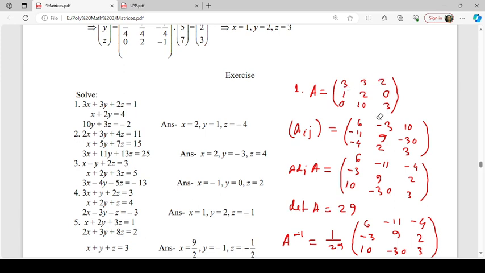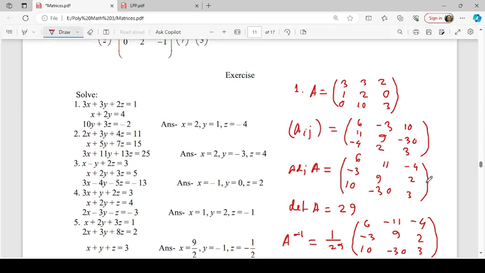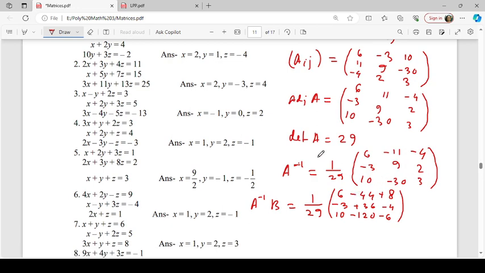But for this it will be plus. So now what we have, this is 58.